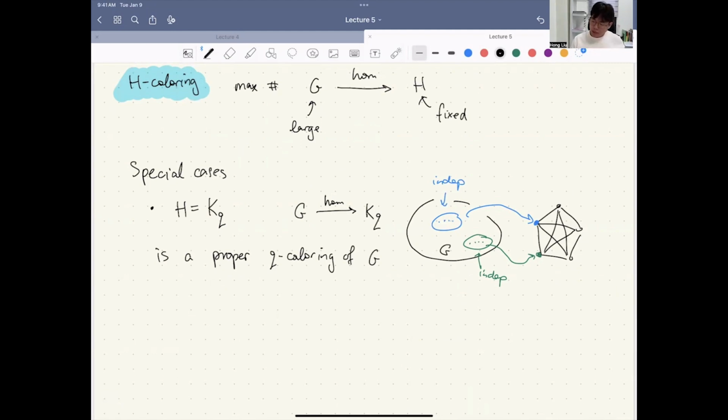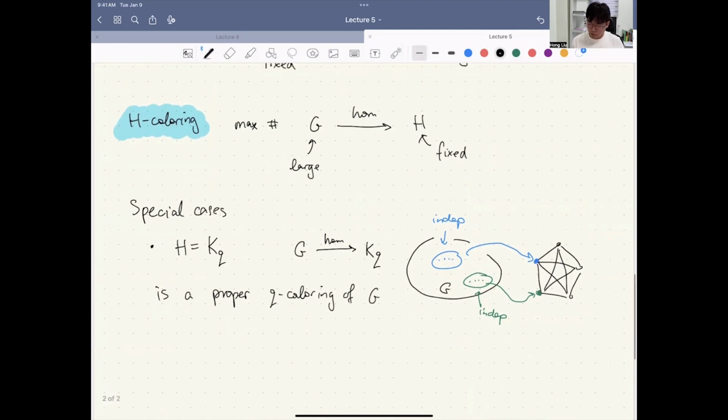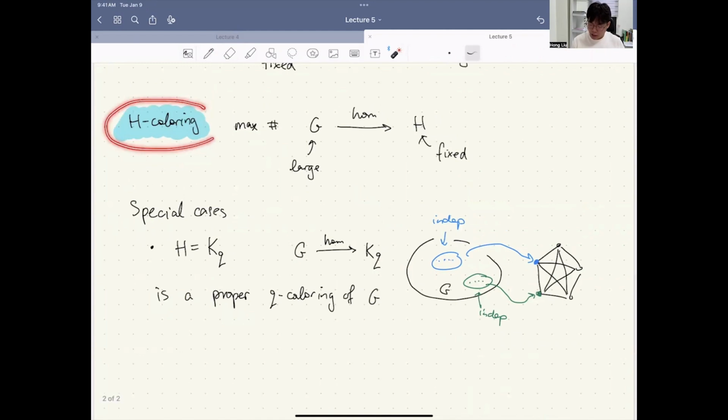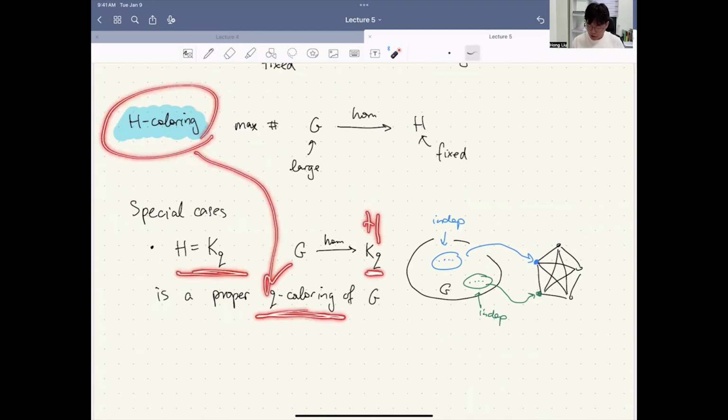Another very special case is that for a special choice of H, homomorphisms of this type to H become independent sets. First of all, let me explain why this name H coloring. Because when H is K_q, it's q-coloring, right? So for general H, that's why we adopt this name called H coloring.